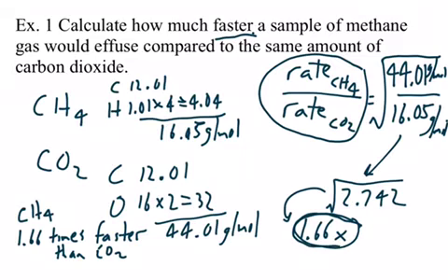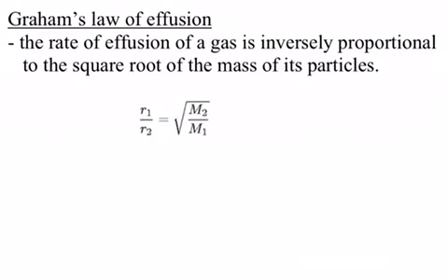So this is how much faster one gas goes over the other. We'll do one more example in just a second. So this is the formula that we just used. It's known as Graham's Law of Effusion. And as stated, the rate of effusion or diffusion, we can use it for both, of a gas is inversely proportional to the square root of the mass of its particles.